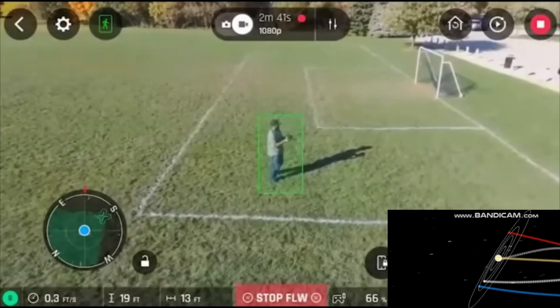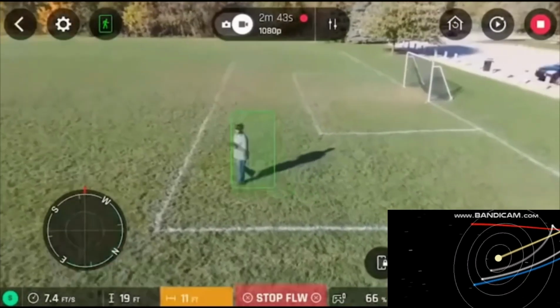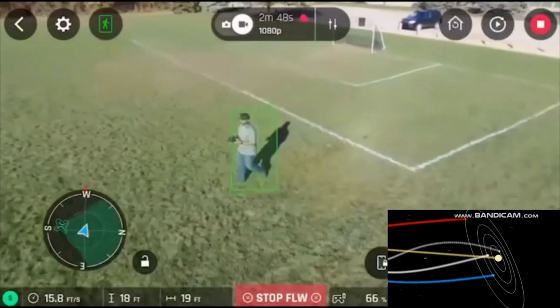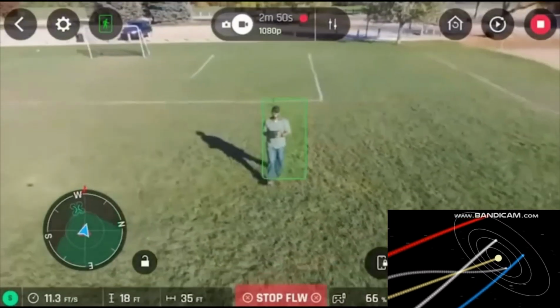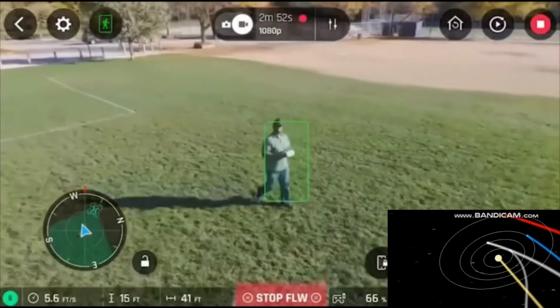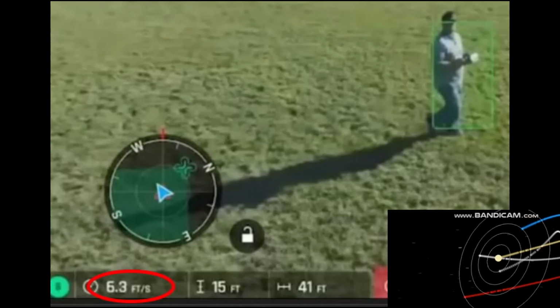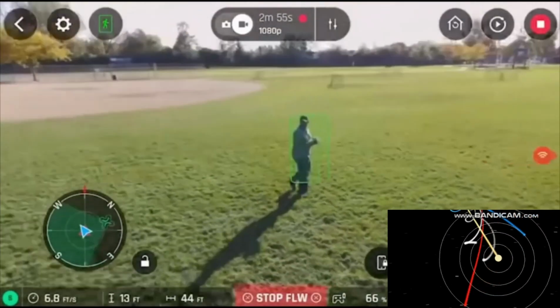Okay, so we've got that. Now, as I'm moving, I can rotate or orbit myself. And again, this is whatever your subject is. Whatever you're tracking.